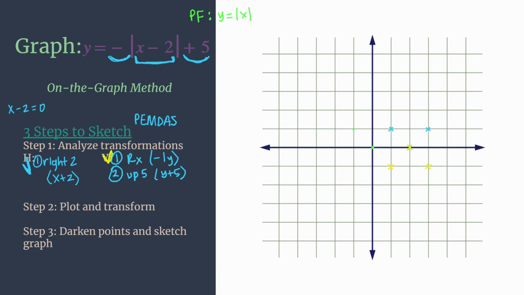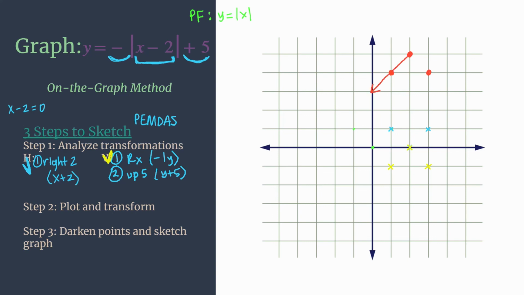Okay, so we've got that one done. And finally, we'll move now all of our yellow points up 5. So let's go ahead and switch to red as a final color. And we'll shift each of these points up 5. And we'll make these points dark because we know these points are for our finished graph. Notice that the x coordinates don't change. It's just the y coordinates here.